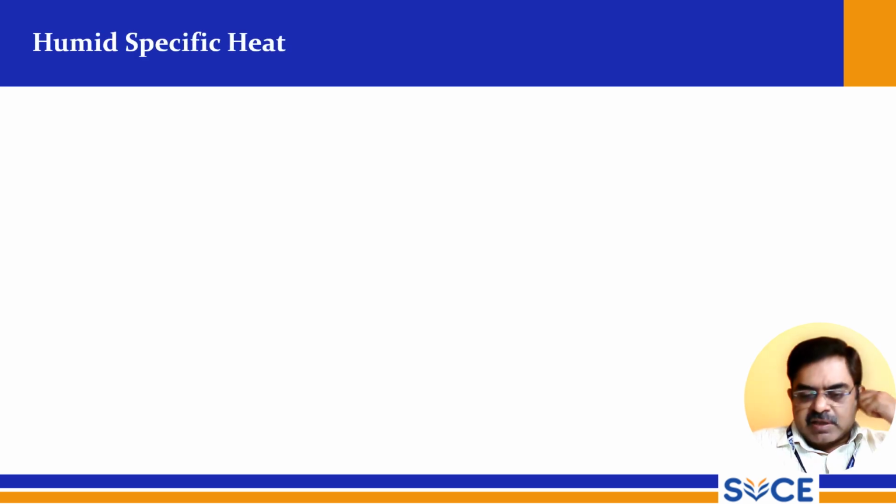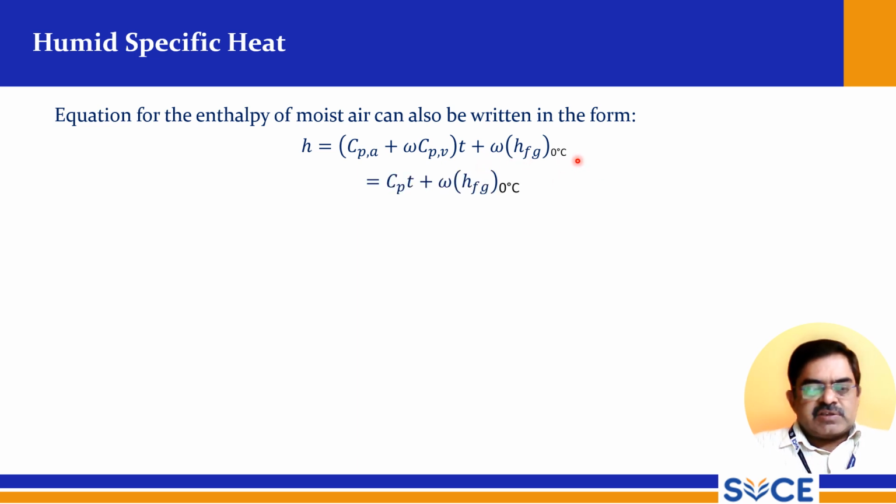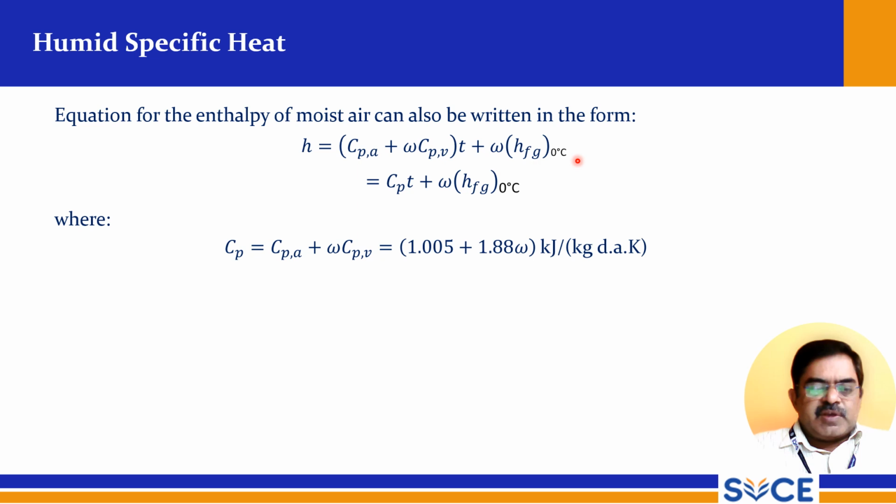So next property. Already we have seen the enthalpy of moist air. Now we will move to humid specific heat, another psychrometric property. The equation for the enthalpy of moist air can also be written in the form H equal to Cpa plus omega Cpv times t plus omega H of G at 0 degree Celsius, and this can be reduced to Cp t plus omega H of G at 0 degree Celsius, where Cp is equal to Cpa plus omega Cpv.